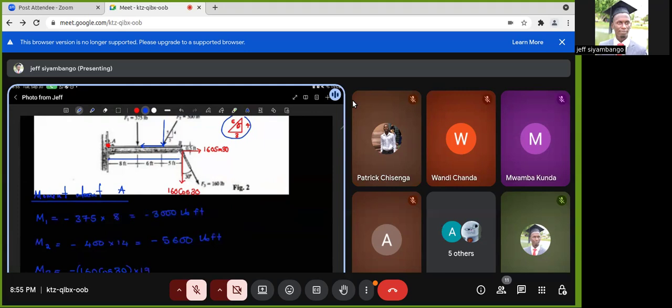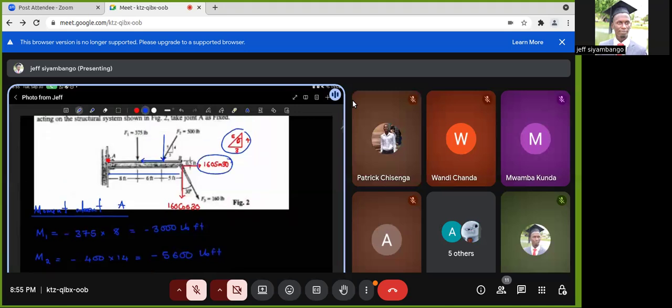But the force F3, even the x component will cause a moment about A. Why? Because when you trace its line of action, notice that it doesn't pass through A. It passes some distance below A, and that distance is specified here, the thickness of that beam.